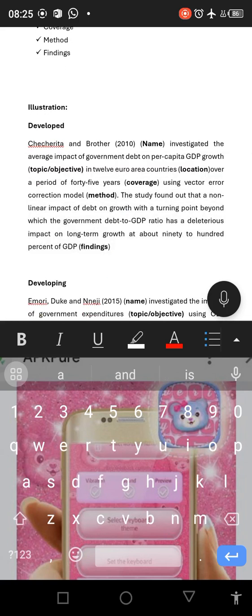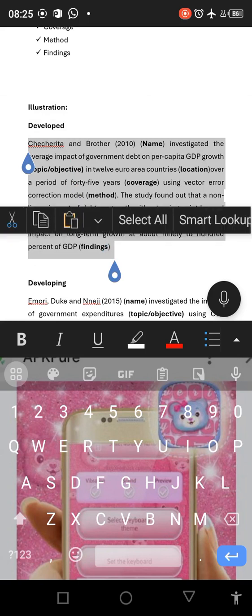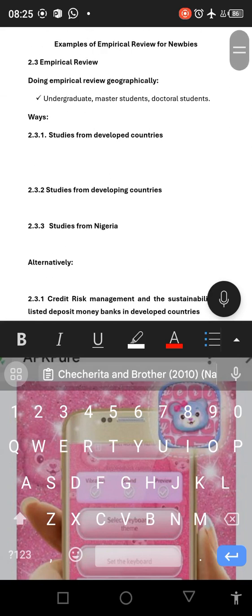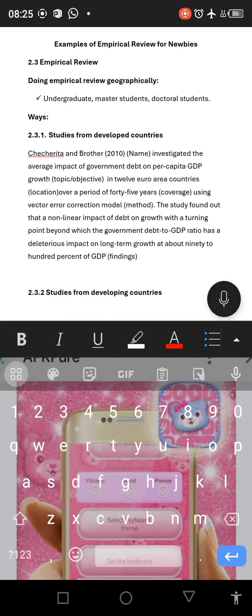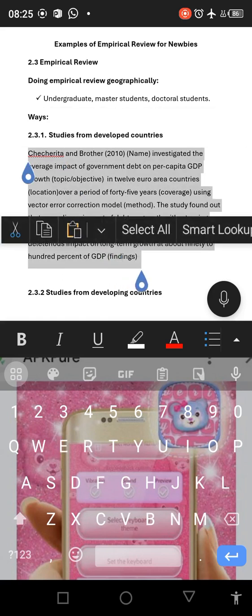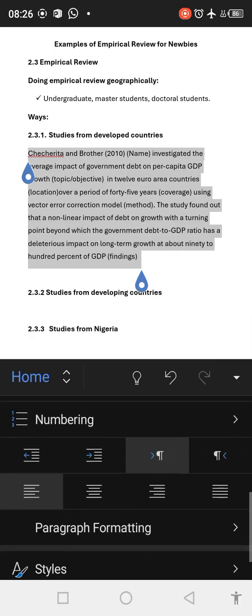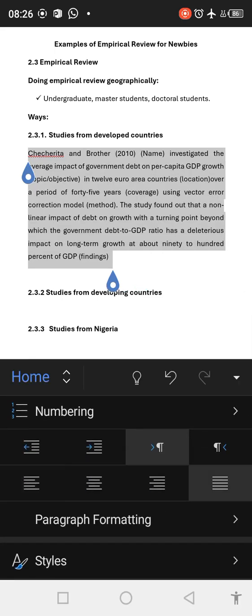Okay, now to make this easier, I could as well copy this and come and bring it here. Studies from developed economy, paste. I reviewed study 1. That's the first one. I hope you are following our discussion. I can as well come here and justify.